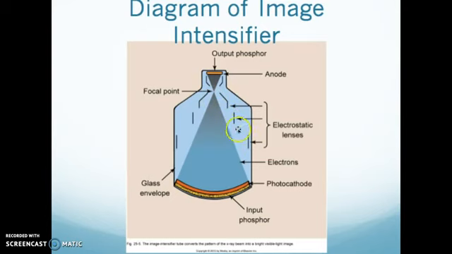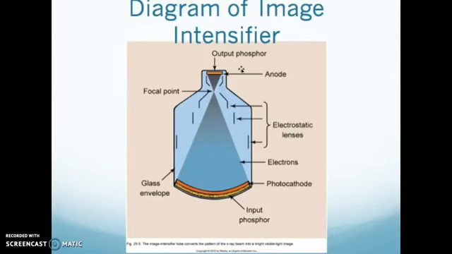You have these electrostatic lenses which are applying a charge that's going to take this beam and make it narrow to come to a focal point. Once it hits that focal point, it'll hit the output phosphor. They're accelerated due to the anode and the 25,000 volts. It's going to hit the output phosphor as a smaller image, so the light is going to be brighter. The output phosphor is 1 inch in diameter, and it's going to take the electrons and convert them to light.